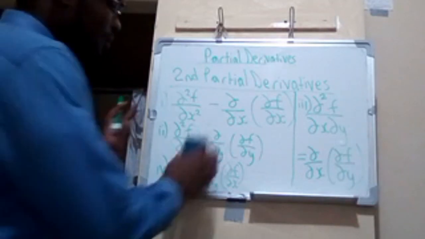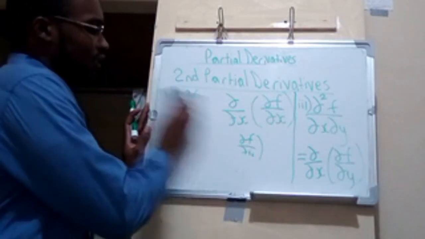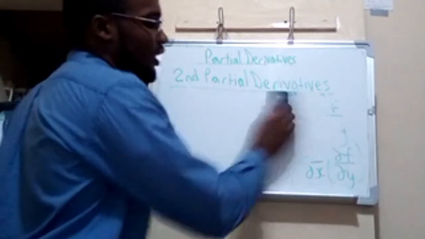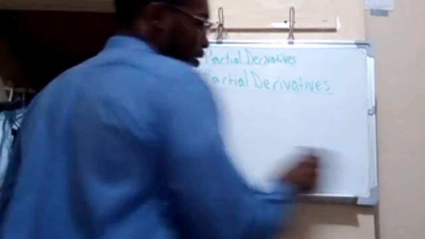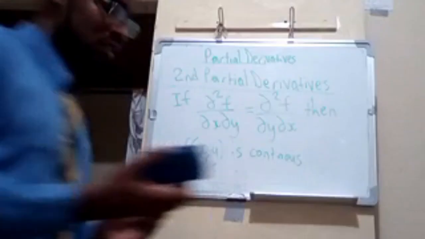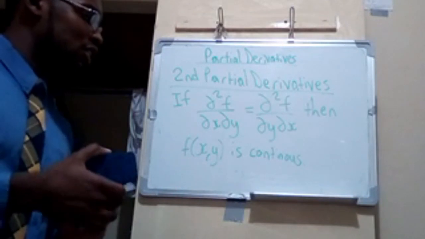One final thing about second partial derivatives, and this is the most important thing you need to know: if ∂²f/∂x∂y is equal to ∂²f/∂y∂x, then f is continuous.